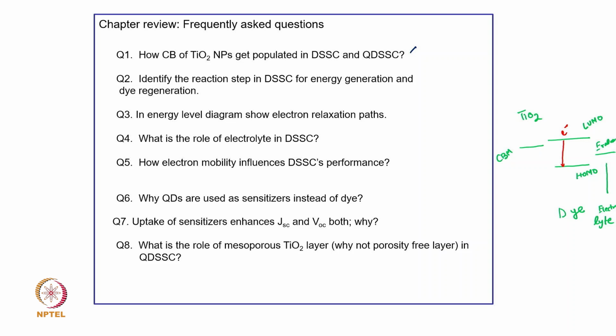So, there is a relaxation path which is also a recombination path, or electron falls from the conduction band of TiO2 to HOMO of dye, or the electron goes from conduction band of TiO2 to the E redox level. Okay. So, these 3, 1, 2, 3, they are the relaxation path in case of dye sensitized solar cell.